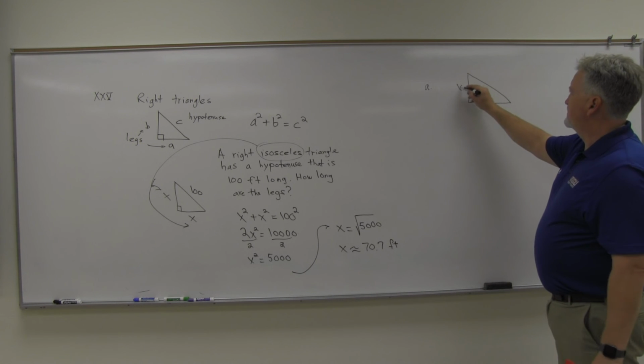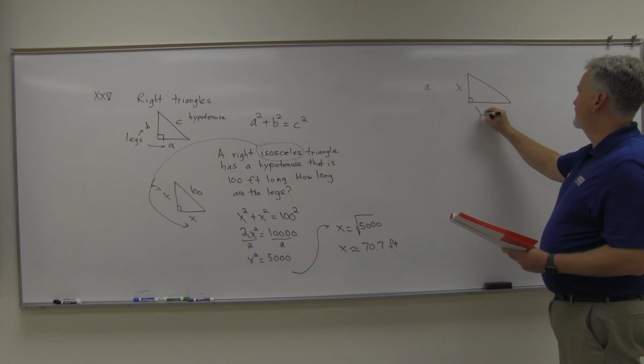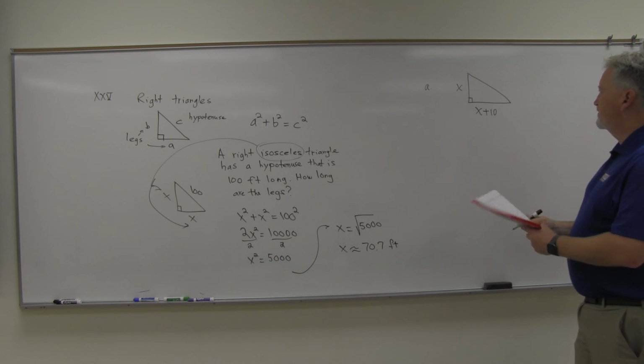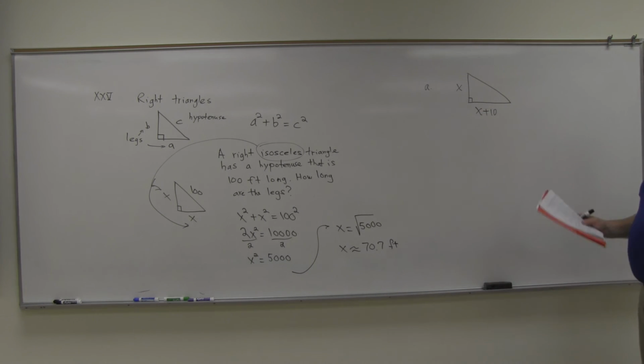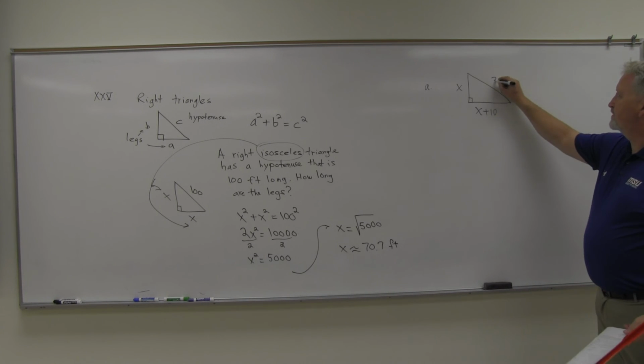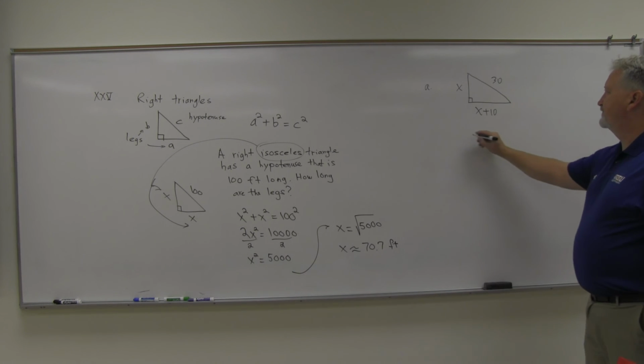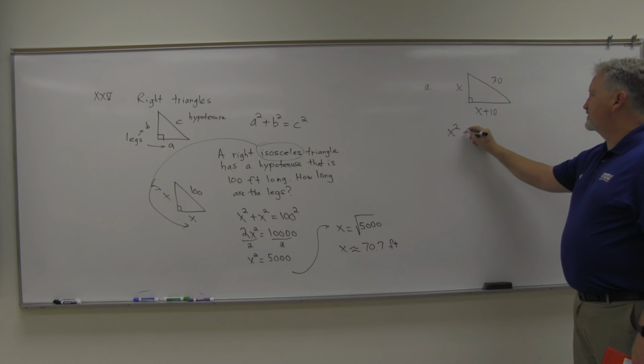Let's say this leg is x, and this leg is 10 inches longer, so we can represent that as x plus 10, and then the hypotenuse is 30. This is our picture, but of course it's still a squared plus b squared equals c squared, the hypotenuse squared. So let's do that.